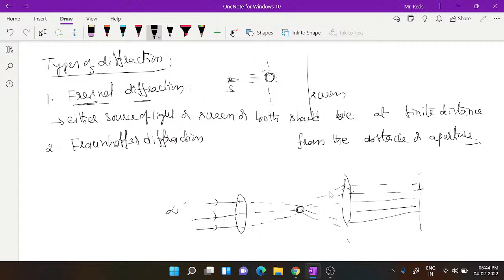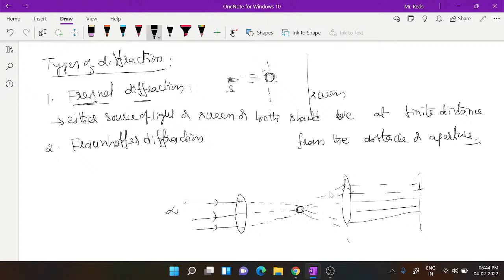So in Fresnel diffraction, you can also say one more thing: if you are observing this diffraction of light, when it is approaching, the light will be treated as a wave, because the source is nearby at finite distance.